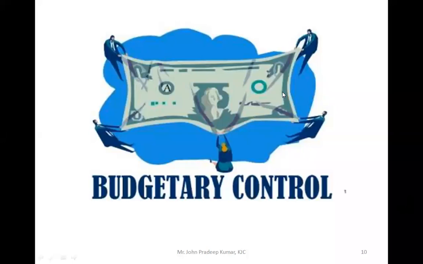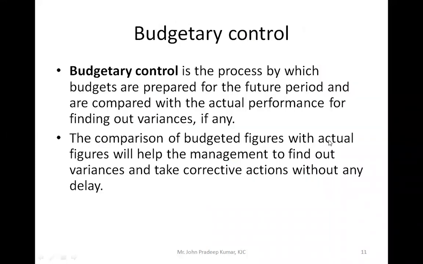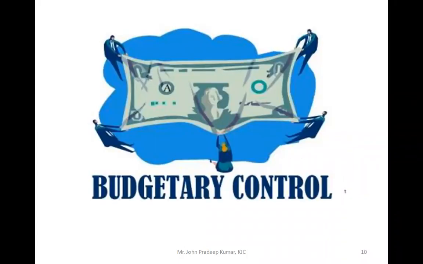Controlling of the expenditure. It's the process of controlling the income and expenses, sir. Yeah, controlling income and expenses. To prepare a budget for future use and to compare it with the actual performance.